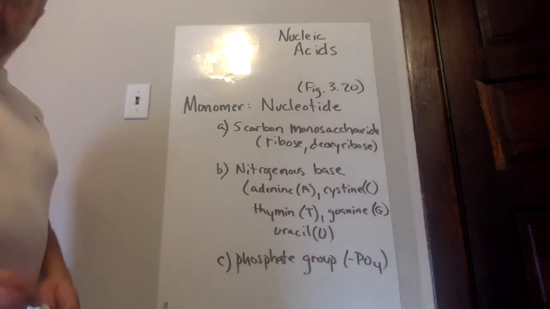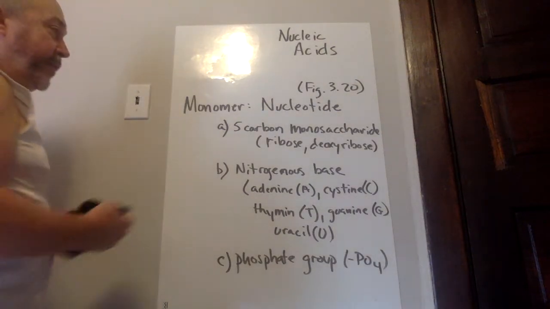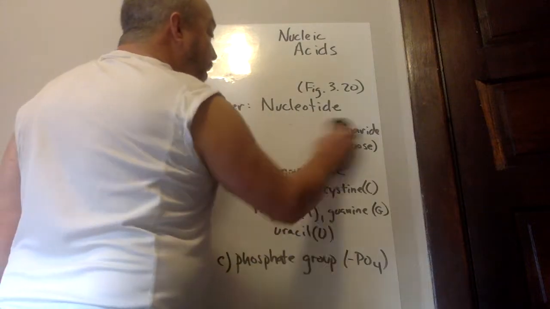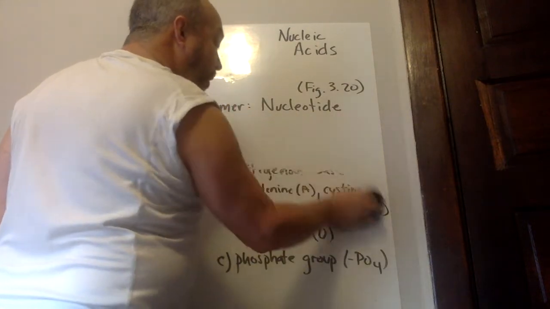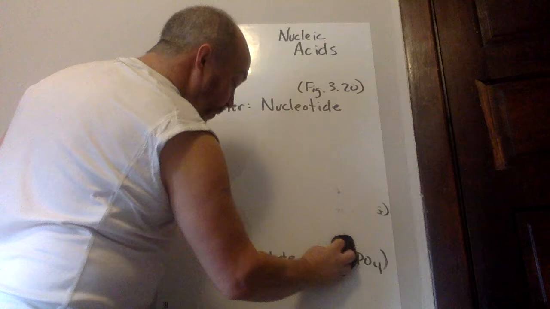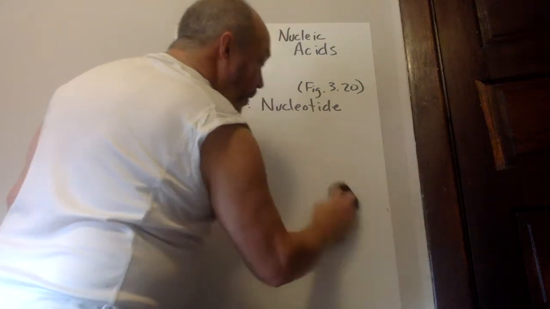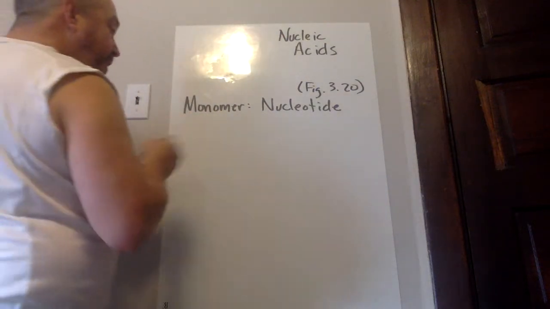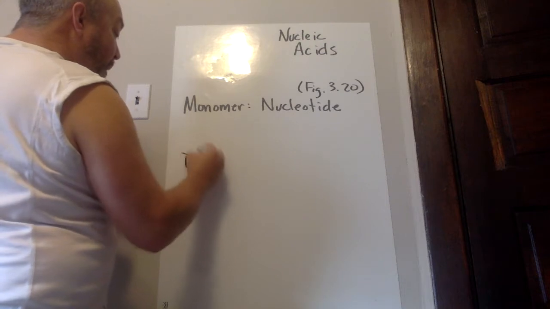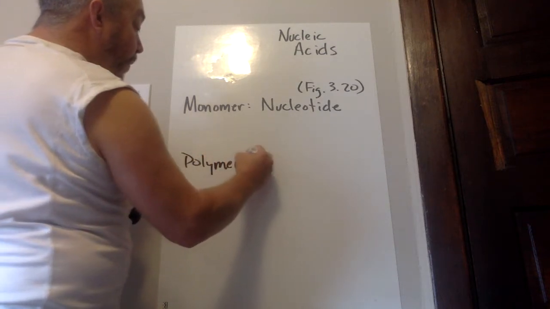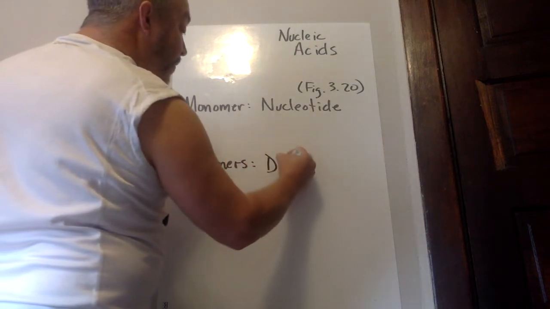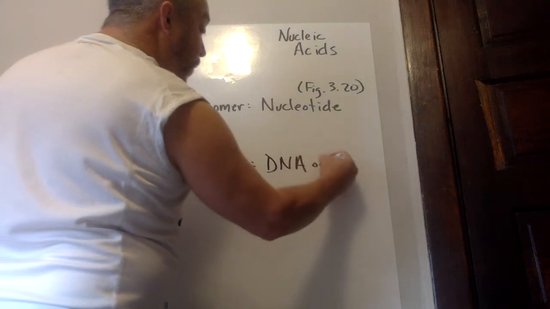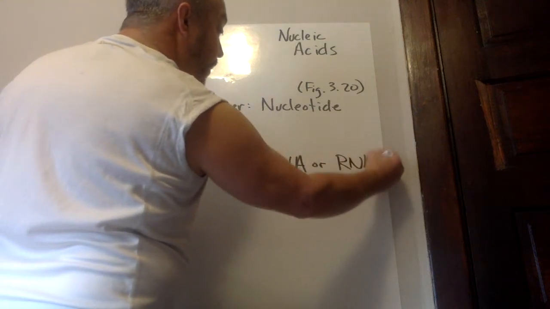So we can also build polymers from our nucleotides. And when we do, we will get different polymers. When we do dehydration synthesis, we can create polymers of nucleic acids. And this is your molecule DNA or RNA.